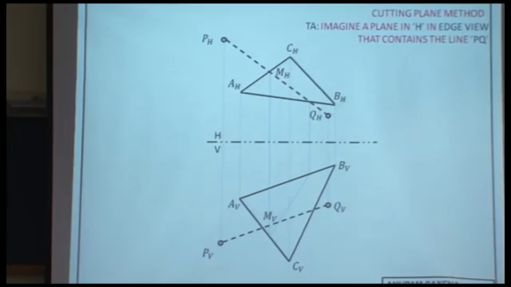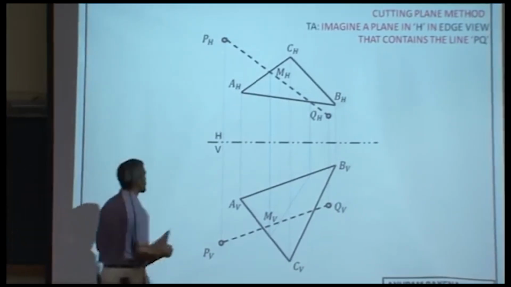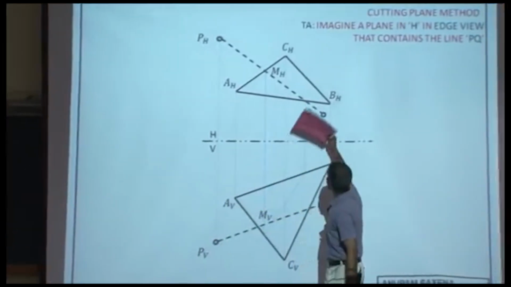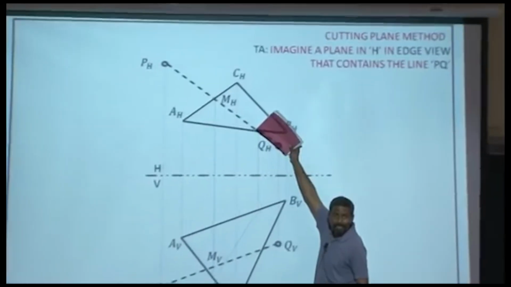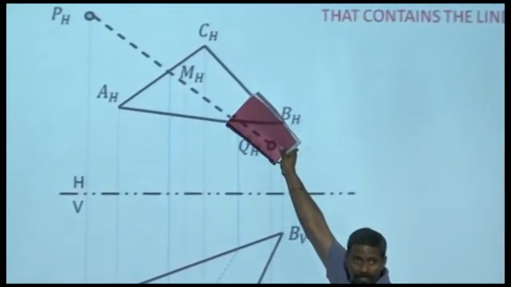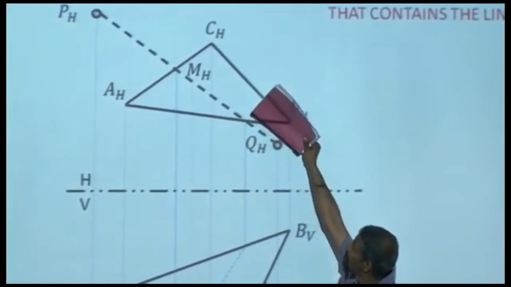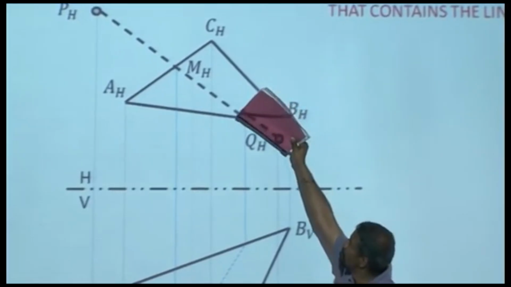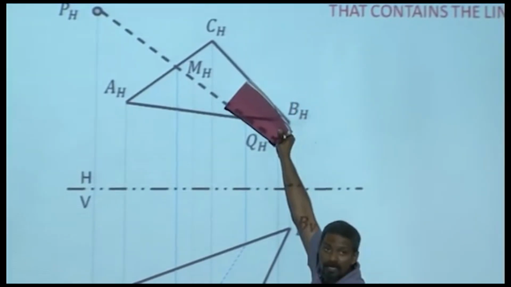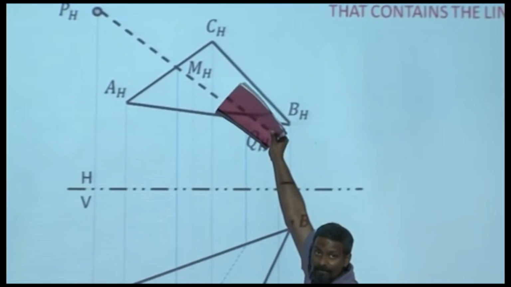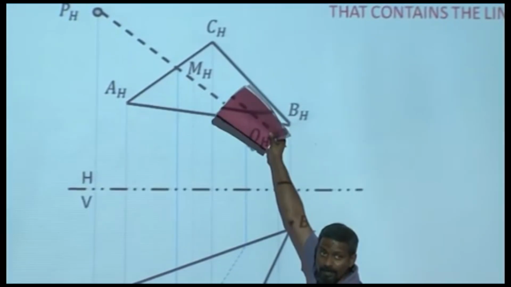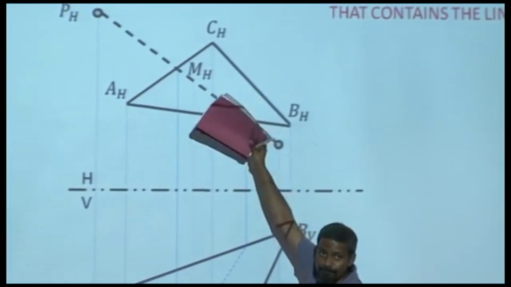Okay. Now ask yourself this, and this is going to be a tricky question. So if I'm having a plane here that is containing the line PQ, and if that plane is going to be intersecting with this plane ABC, which part of the plane ABC will be in front of this plane and which will be behind?